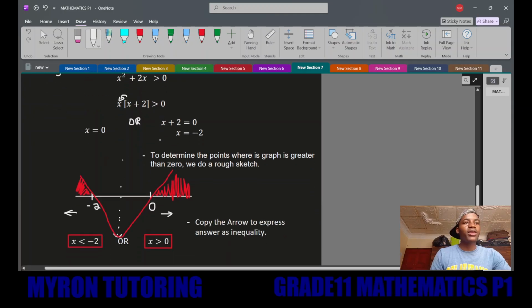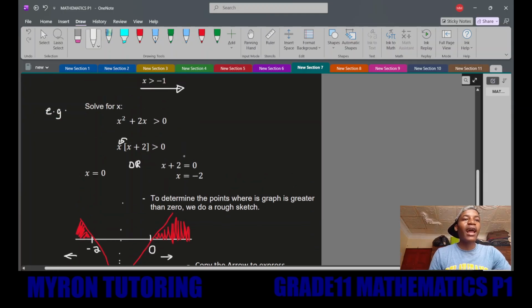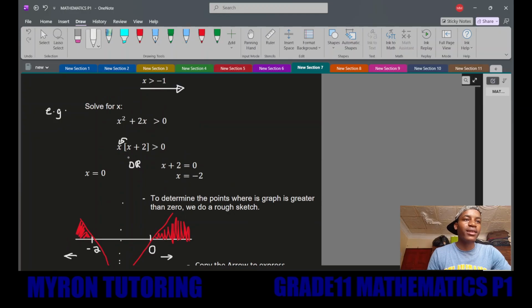Why do we do this? It is because we can now take it as if this was an equal sign and say, okay, where is it equal to 0? It is equal to 0 when x is equal to 0, or when x plus 2 is equal to 0. So when you look at that question, if x is 0, if you have 0 outside here, anything multiplied by 0 is 0. So that's place number 1 where the graph is 0.